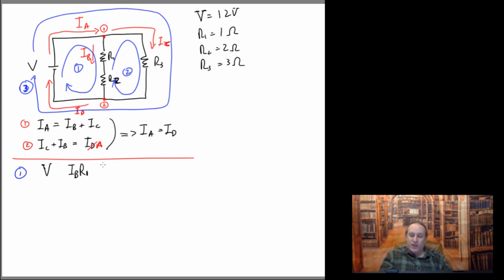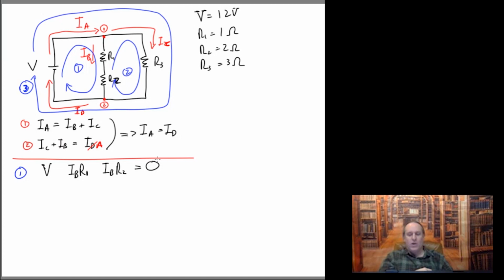The current through that is also IB, so the voltage is IB times R2. And then we keep walking, and eventually we get back to our starting point. Once we get to our starting point, we know that we have gotten back to 0. All I have to do really is know how to fill in the signs.